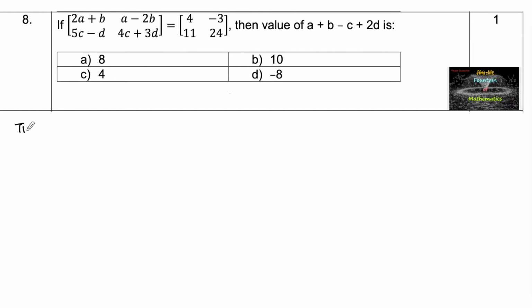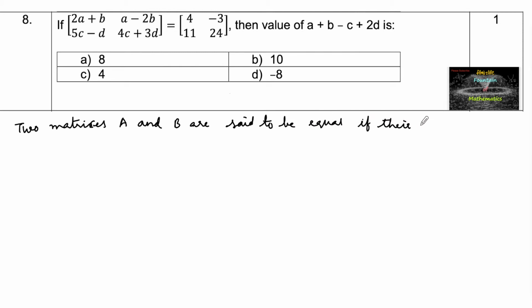we know that two matrices A and B are said to be equal if their orders are the same, and their corresponding elements are equal.